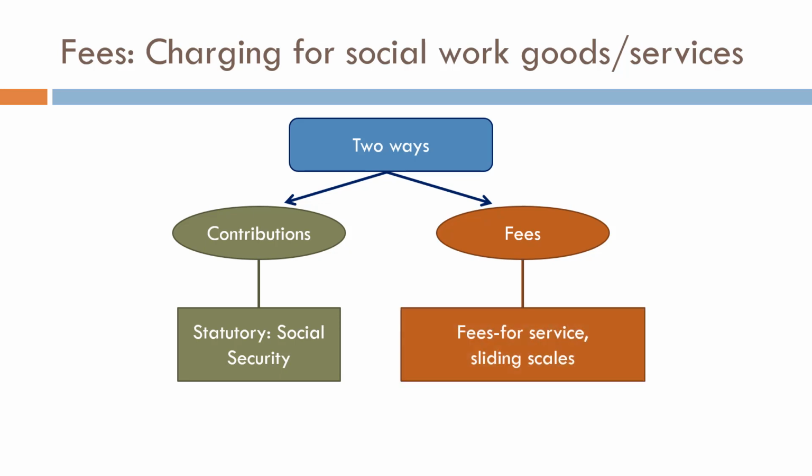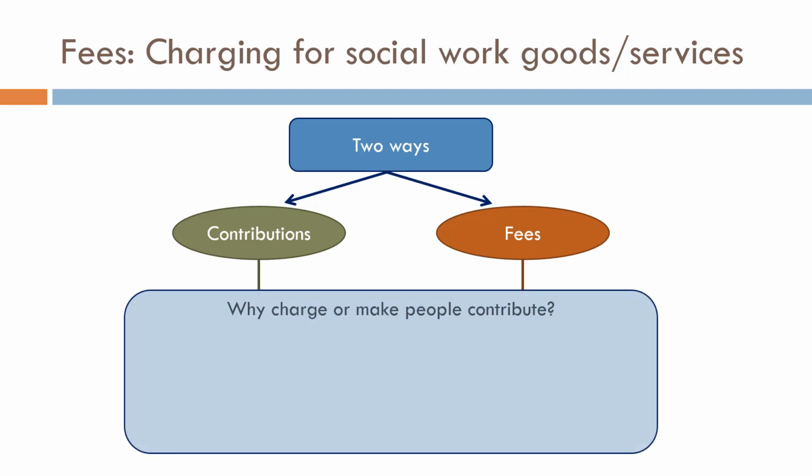Fees, on the other hand, are things like fees for service. Sometimes they might be the entire cost of the service, but more often they are sliding scales based on income. When thinking about fees, one question that comes up for a lot of people is why charge or make people contribute in order to receive a social welfare service?